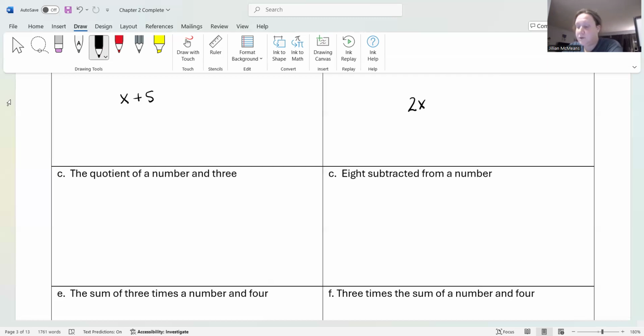So we want the quotient of a number, which we don't know, this is our unknown, and 3. Basically, we want to take a number and divide it by 3. So we would take x and divide it by 3. And off to the side, I do want to say that this is not incorrect.